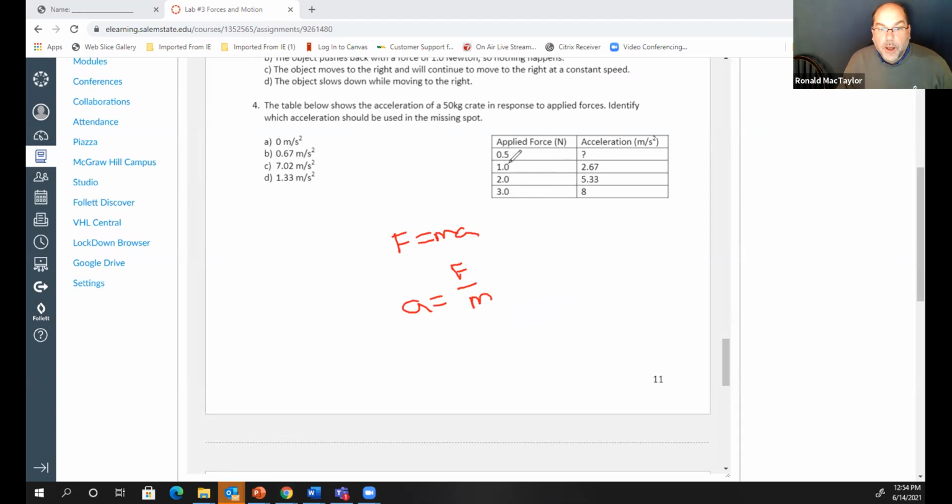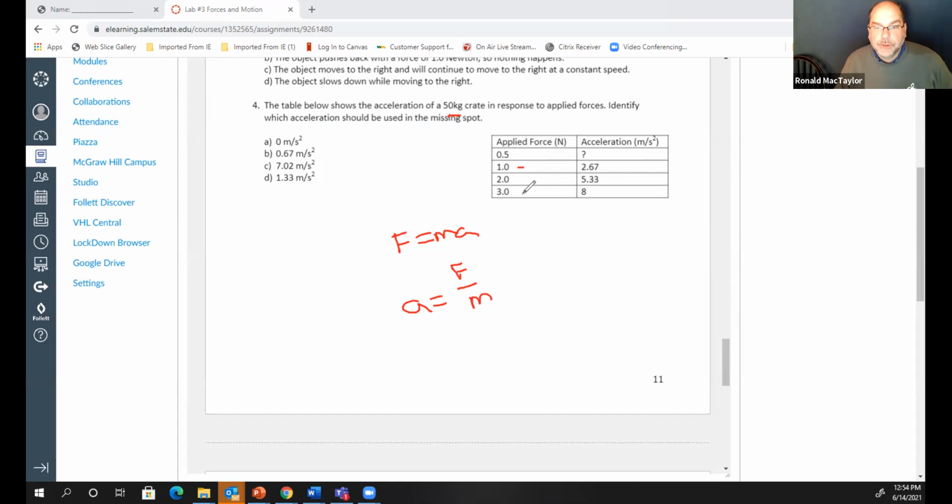So a force of 1 Newton divided by 50 kilograms. To apply, identify which acceleration should be used.